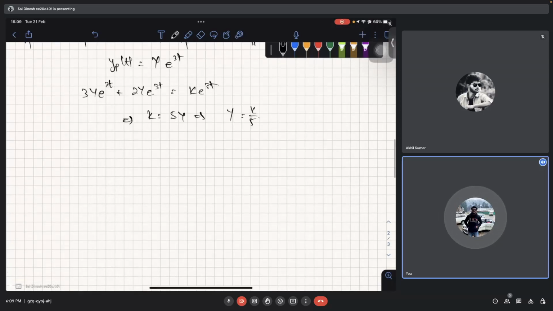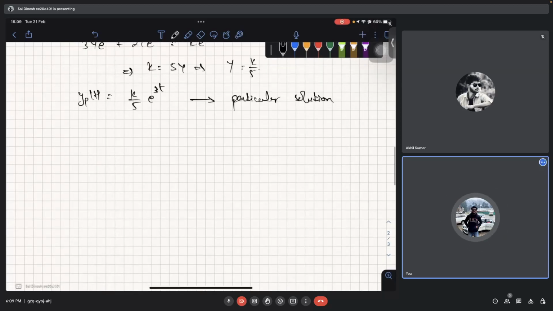Therefore the particular solution is k by 5 e power 3t. So this is the particular solution, right?